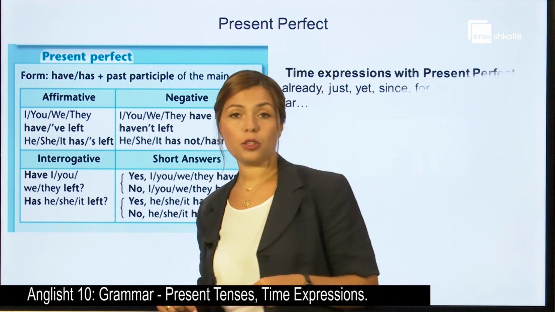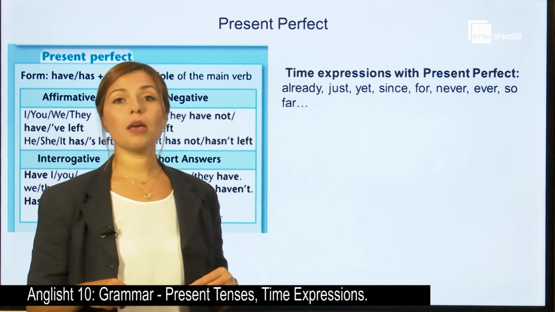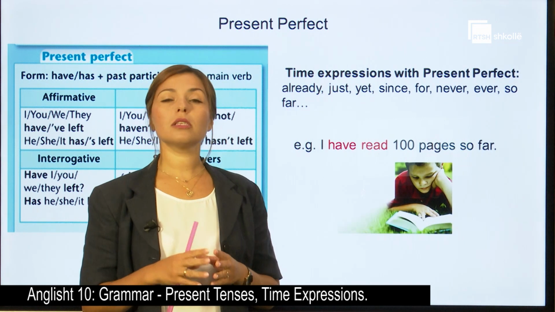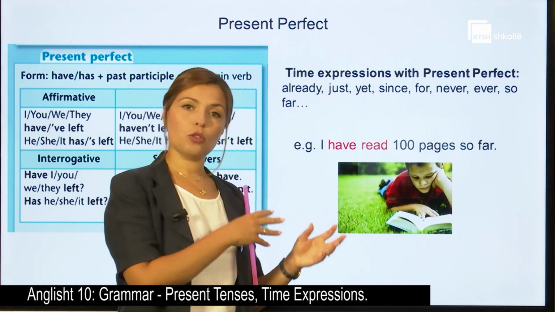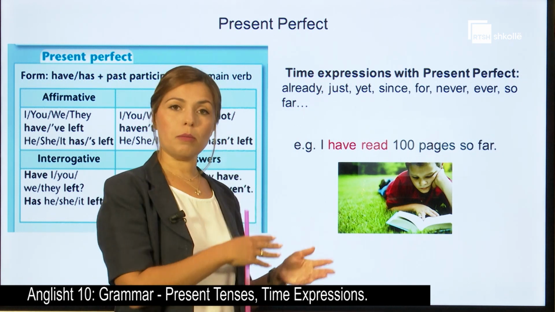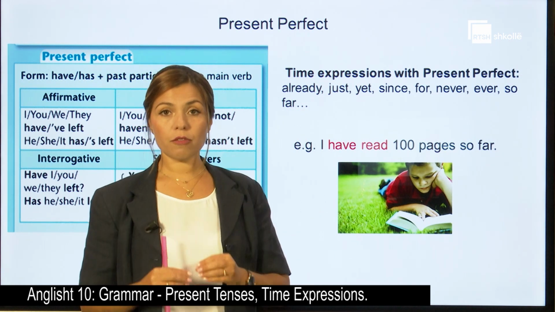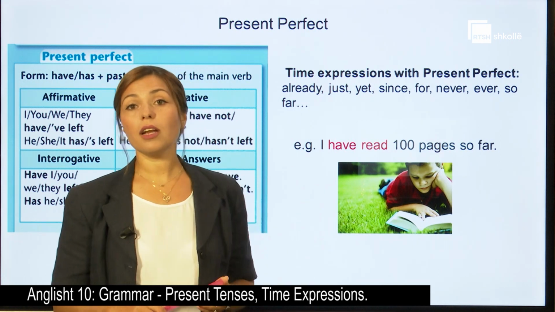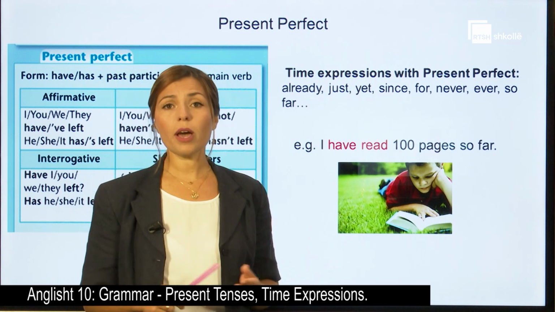So, in the present perfect, we have got time expressions that have to do with the present, but somehow are related to the past as well. So, there are some actions that maybe started in the past and have just finished in the present, or they were done in the past but we don't know when.